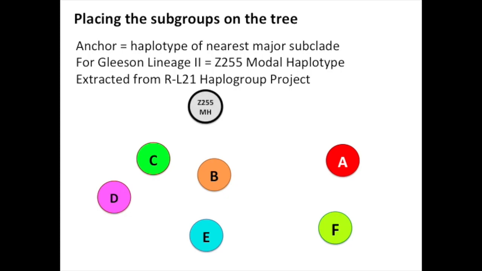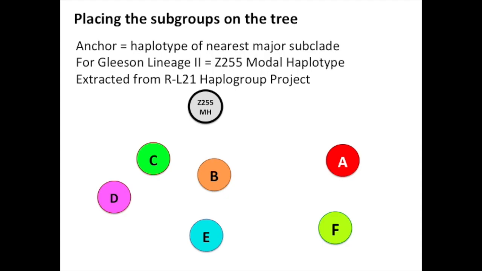So I use the Z255 modal haplotype as my anchor. Now that is about 2,000 years old. And of course, with my GLEASONs, I'm only really interested in the last 1,000 years. So there will be 1,000 years of difference between Z255 and the most recent common ancestor for the GLEASONs of lineage 2.